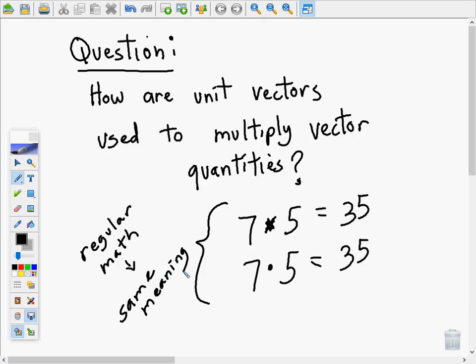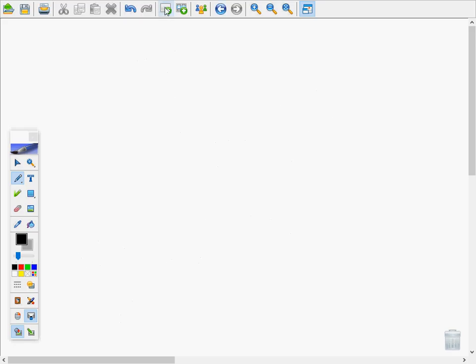But that's not the case with vectors. A dot B and A cross B are two completely different things. They do not mean the same thing.